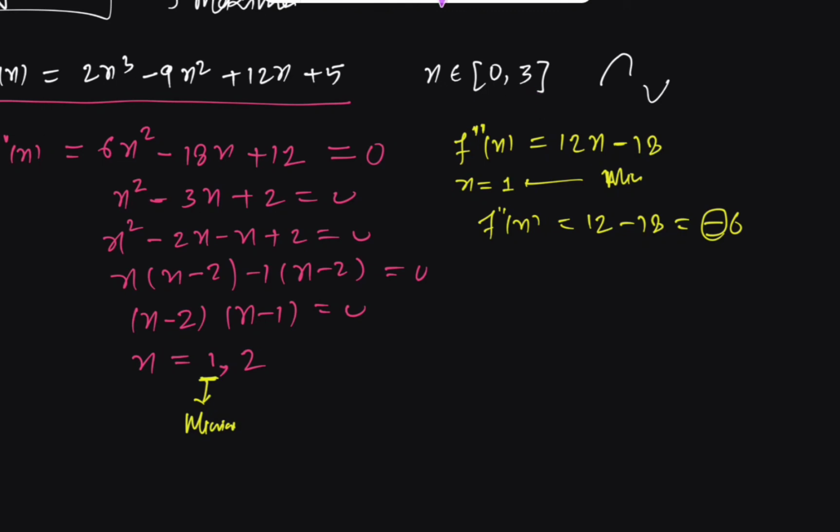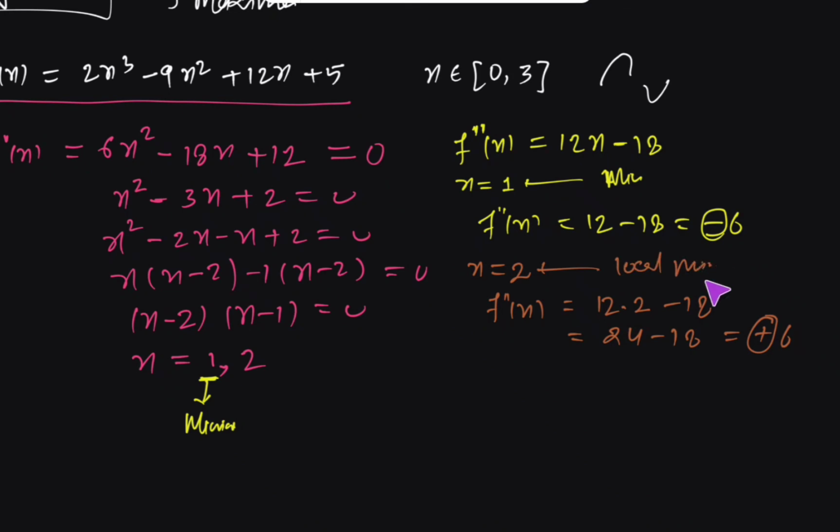Now the second thing is that we have to put x equals to 2. When we put x equals to 2 in this double differentiation function f double dash x, this will become 12 into 2 minus 18. It means 24 minus 18. This is representing a plus 6. When the sign of a double differentiation is positive, it means the number for which the sign is positive is representing a local maxima. Sorry, I said it wrongly earlier. Let me erase this.